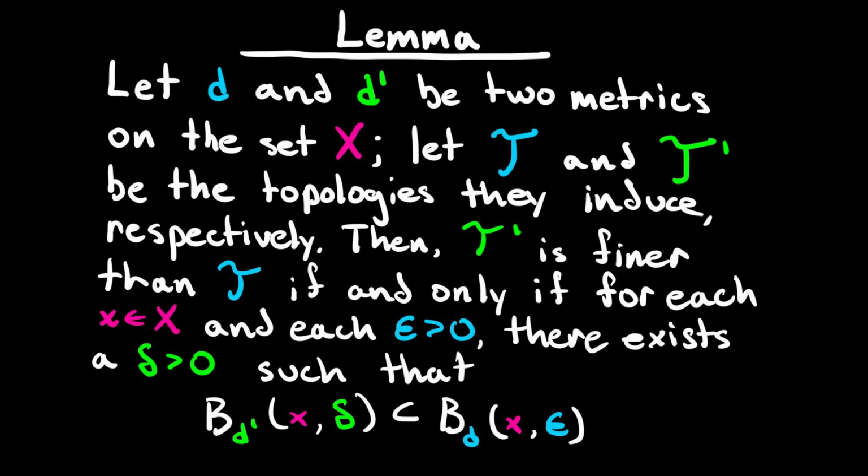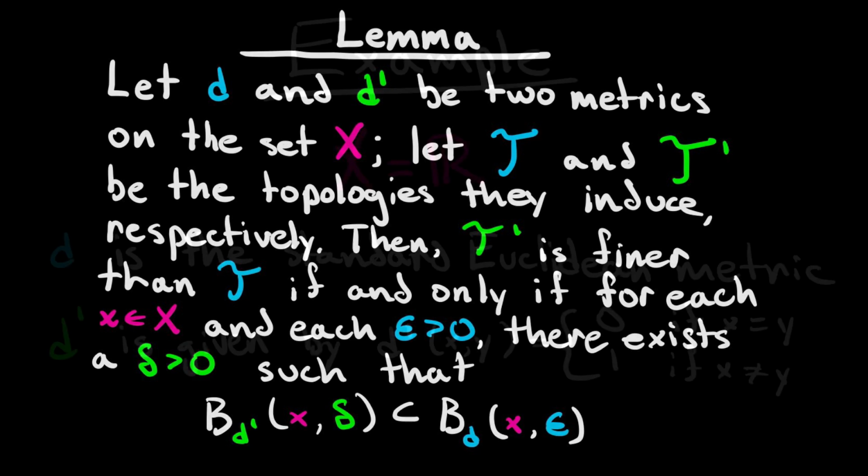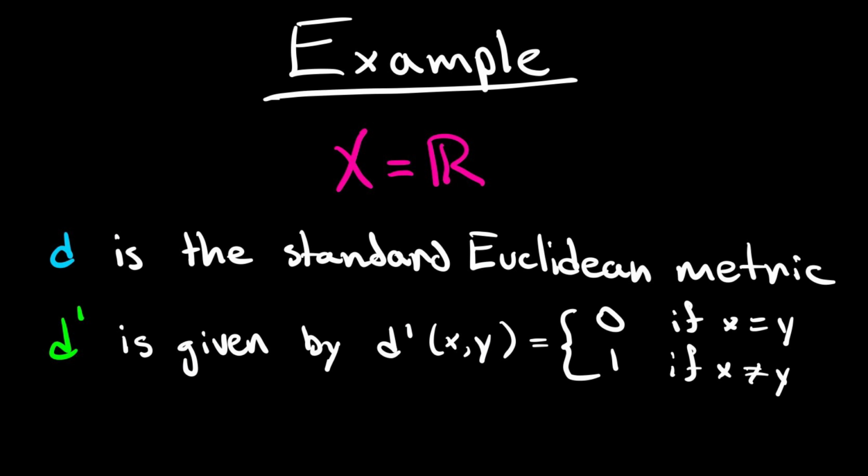Then, tau' is finer than tau if and only if, for each x in X and each epsilon greater than 0, there exists a delta greater than 0, such that the open ball centered at x of radius delta by the metric D' is a subset of the open ball also centered at x of radius epsilon by the metric D. This gives us a way to compare two topologies induced by two different metrics over the same space. Now consider an example using this lemma.